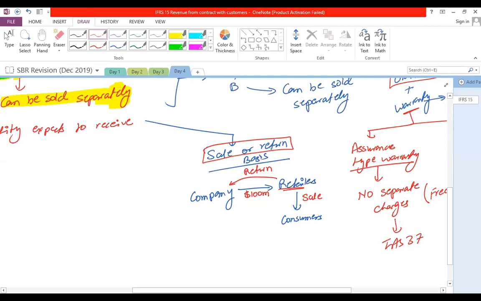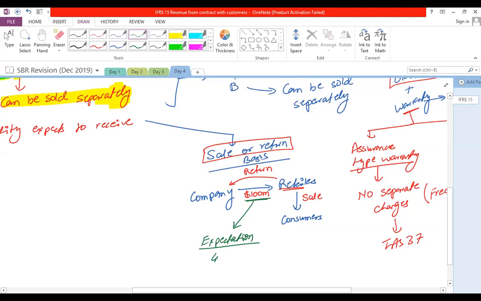Basically, the answer is that we should make an estimate. We should estimate, as per our expectation, how many goods will be returned and how much cash we will get. So we have to develop an expectation.